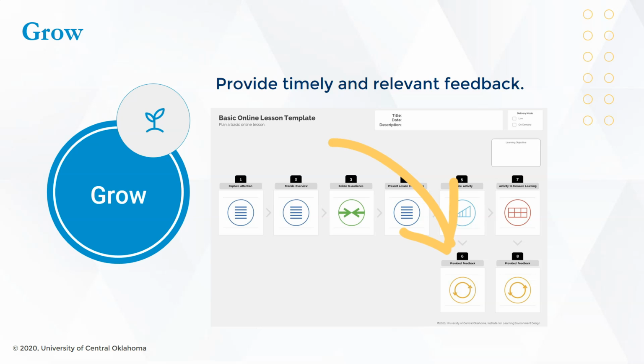And so the idea is that a learner doesn't just submit something and they get a grade or a score or a checkbox that says they've done it, but it's something where you can provide timely and relevant feedback to the work that they're doing, and it provides them a framework to be able to grow and continue that learning process even after the course concludes.